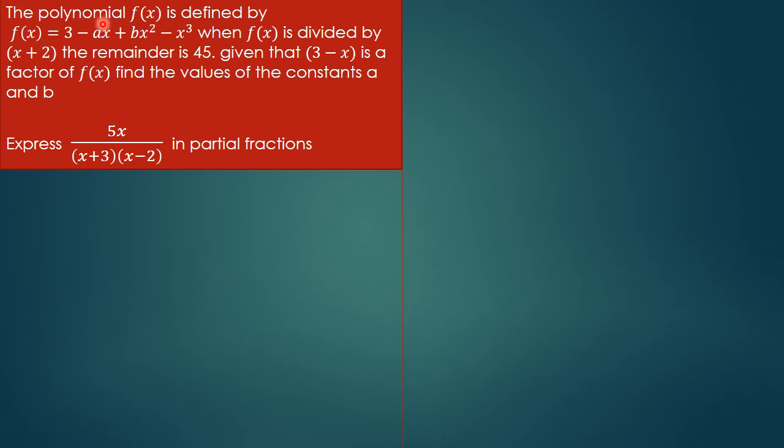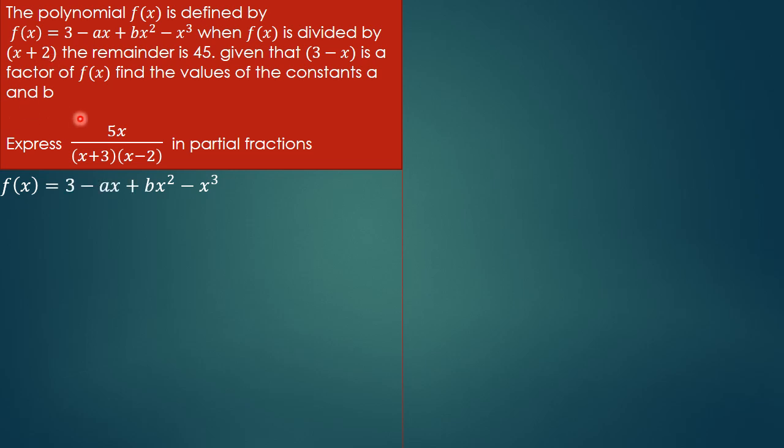The first part is on polynomials. The first part wants us to find the values of a and b for which the polynomial 3 minus ax plus bx squared minus x cubed leaves a remainder of 45 when divided by x plus 2. Great. So friends, as you all know, let's have our polynomial of this form.